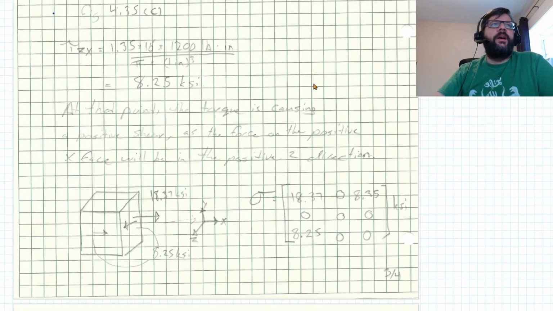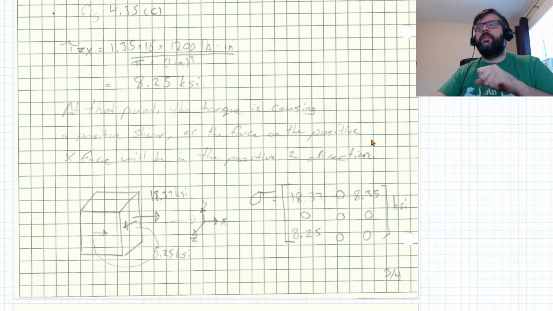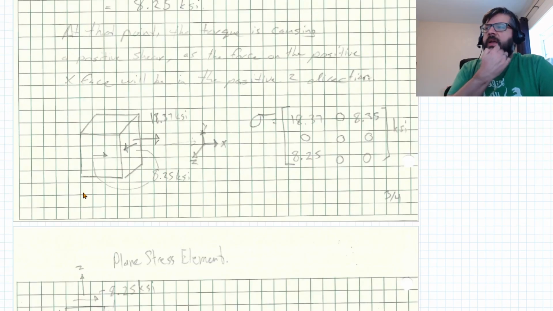So again, positive shear, because on the positive x face it's causing a force in the positive z direction. If I draw a stress element using the usual x, y, z orientation, this is what we end up getting. Here's our stress tensor here as well.